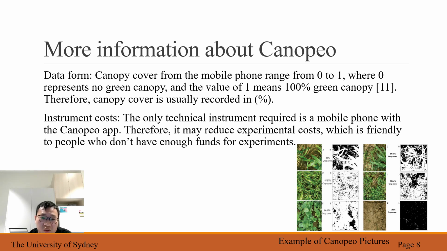Therefore, the canopy cover is usually recorded in percentage, and its instrument cost is low. The only technical instrument required is a mobile phone with the Canopy app. Thus, it may reduce experimental cost, which is friendly to people who don't have enough funds for experiments.